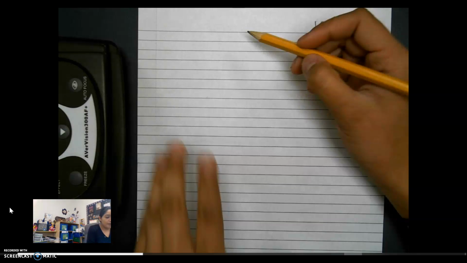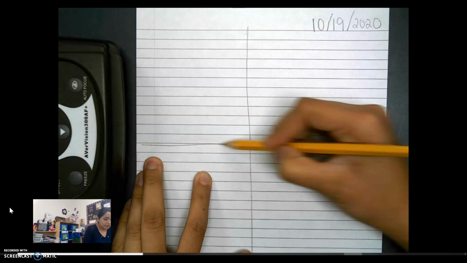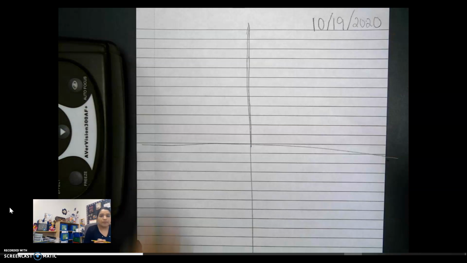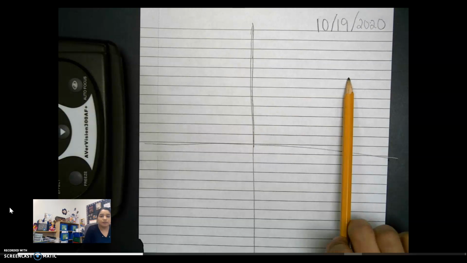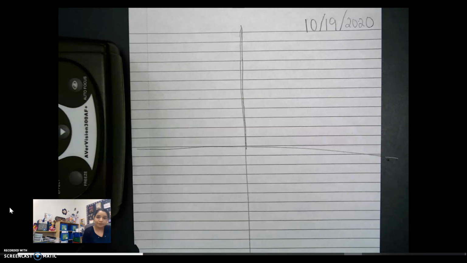On your paper, you're going to divide it into 4 sections. You're going to make a 4 square with your paper. So I have 1, 2, 3, 4 squares. Each square is for a different vocabulary word.